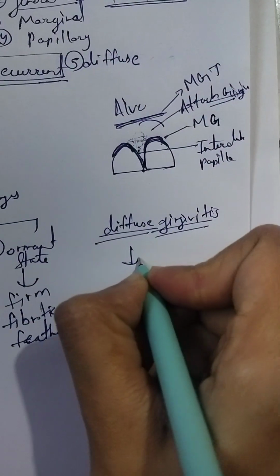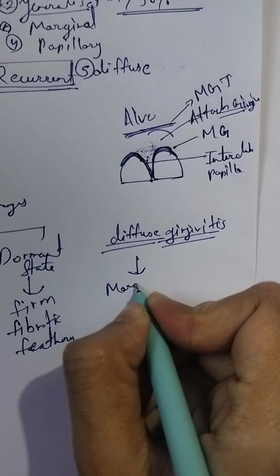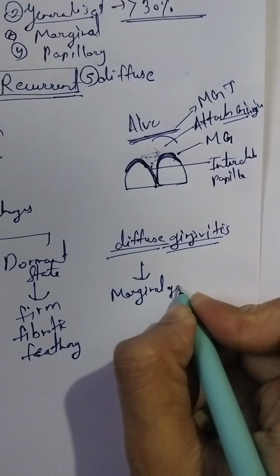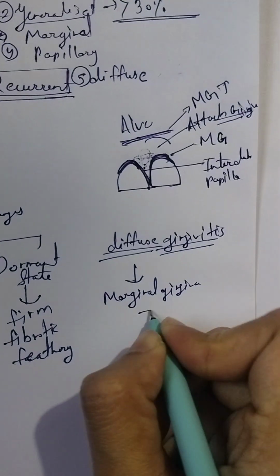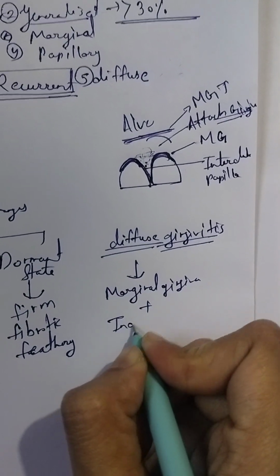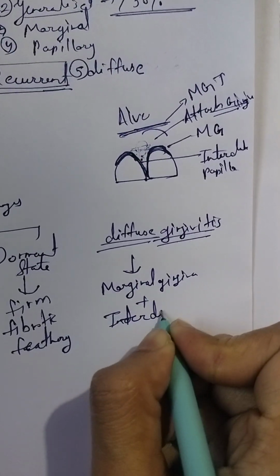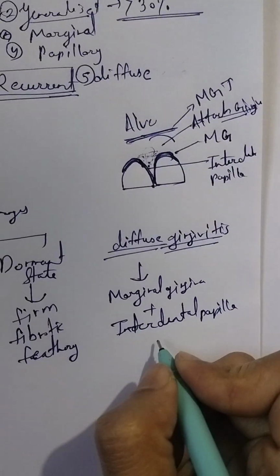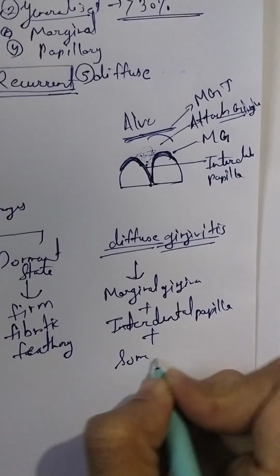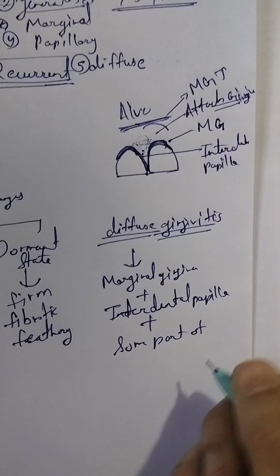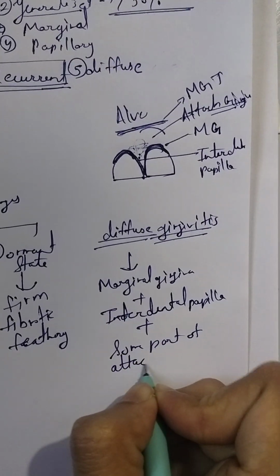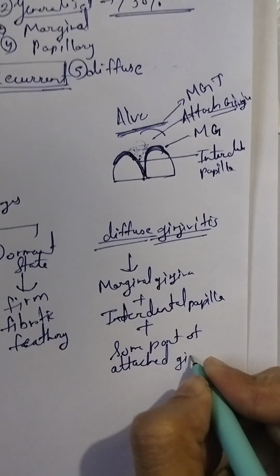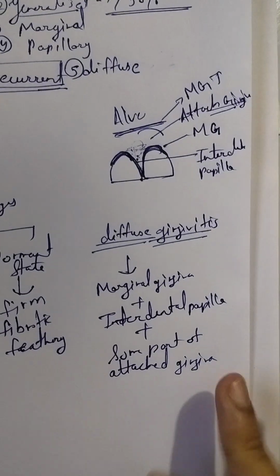In this type of gingivitis, there is involvement of the marginal gingiva plus the interdental papilla, and some part of the attached gingiva is also involved.